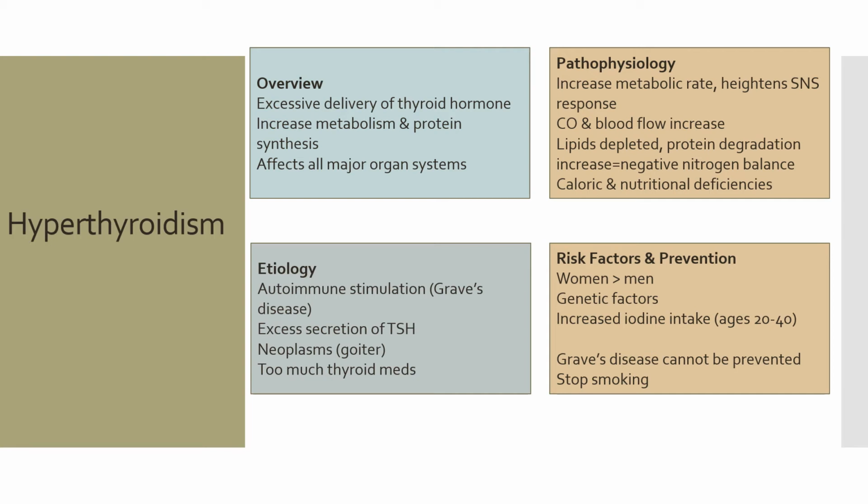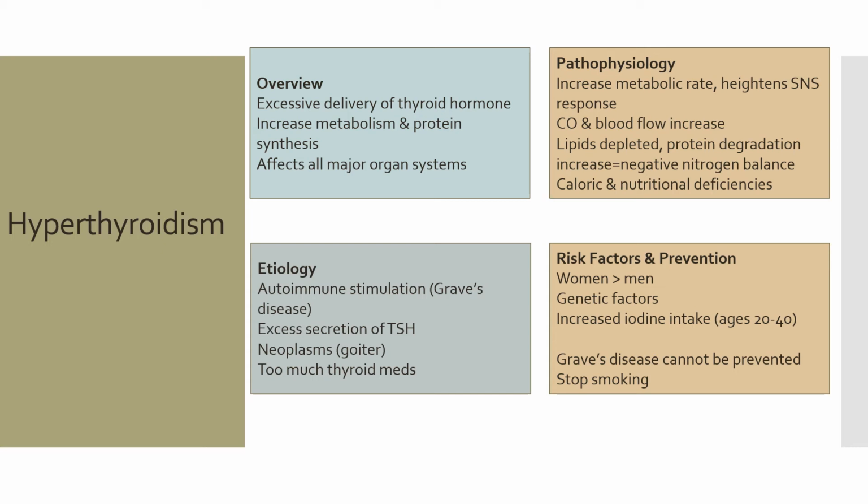Affects all major systems. They get an increased metabolic rate, a heightened sympathetic nervous system response, cardiac output and blood flow increase. Lipids are depleted, protein degradation increases, which results in a negative nitrogen balance. They have caloric and nutritional deficiency because their heart is racing so fast and their temperature is up. They end up with nutritional deficiencies.